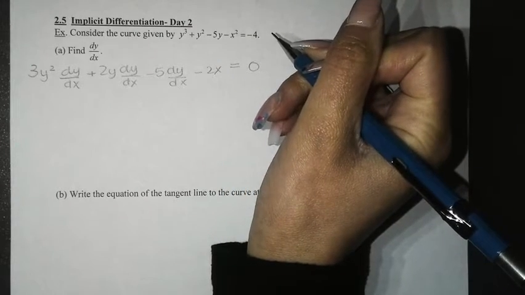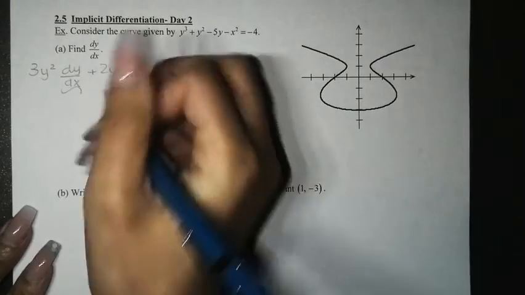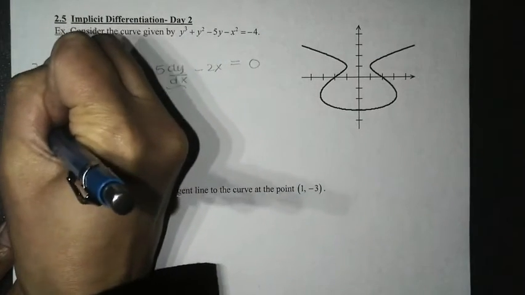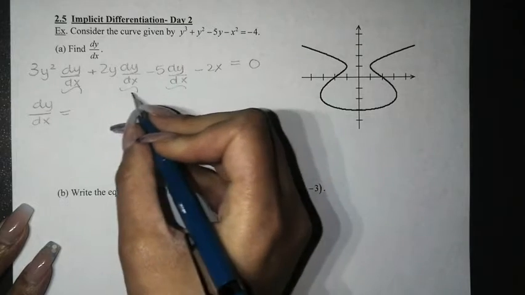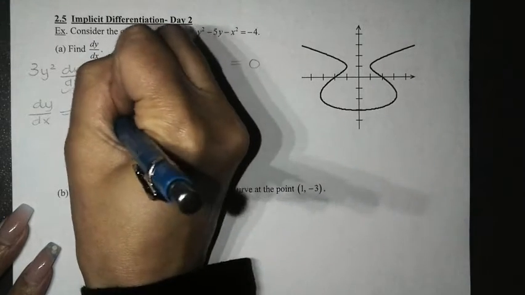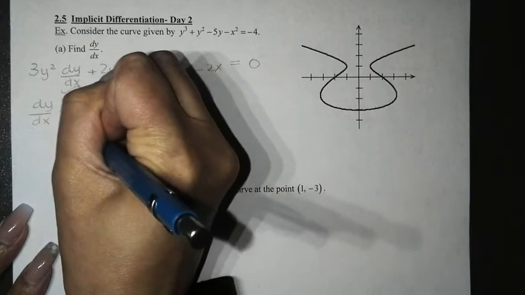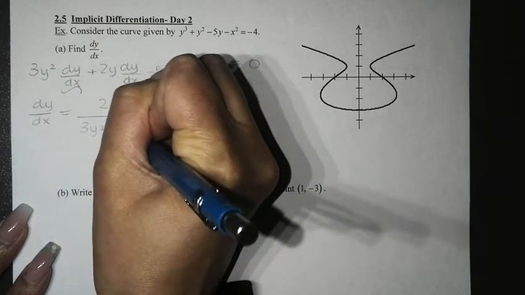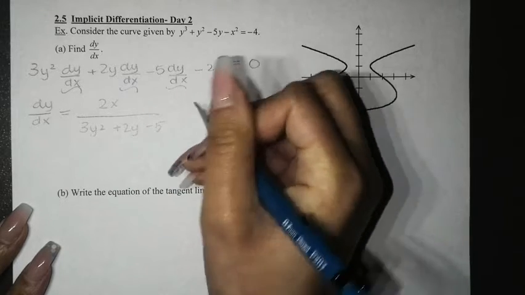Now I have my dy/dx terms here, so I pass the other term to the other side, so that one is the only one on the other side, divided by 3y squared plus 2y minus 5, and that's your dy/dx.